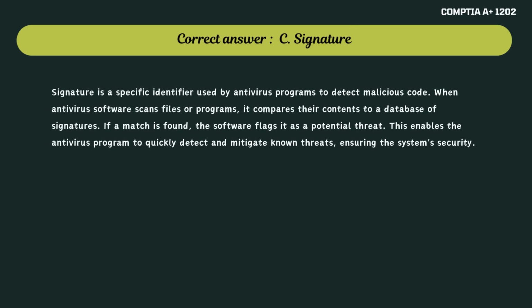A signature is a specific identifier used by antivirus programs to detect malicious code. When antivirus software scans files or programs, it compares their contents to a database of signatures. If a match is found, the software flags it as a potential threat. This enables the antivirus program to quickly detect and mitigate known threats, ensuring the system's security.